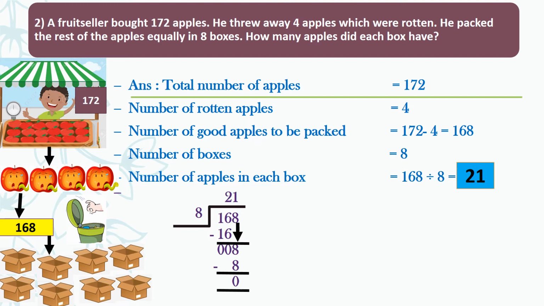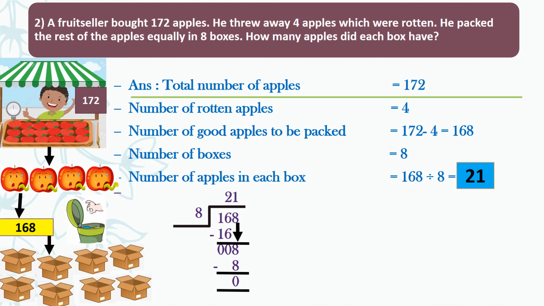Now, what is the question? How many apples did each box have? So we know the total, we know a part, that is the number of boxes. We just need to find out how many apples go into each box. So obviously we divide. Since the apples have been distributed equally into 8 boxes, it is called equal sharing.